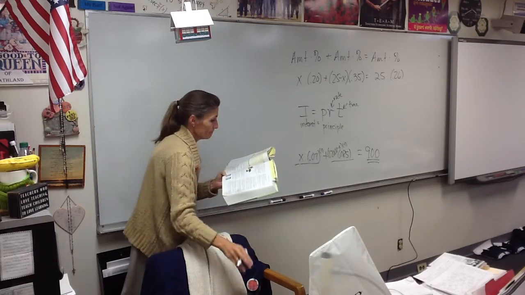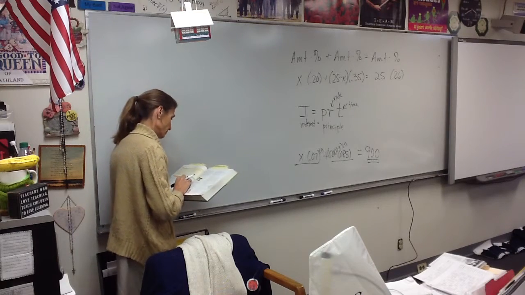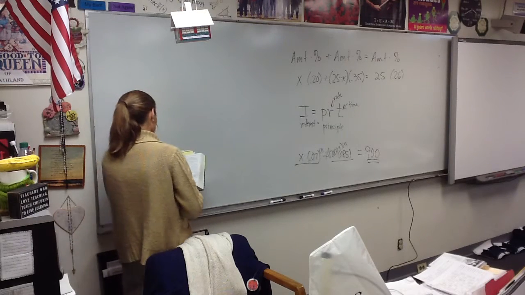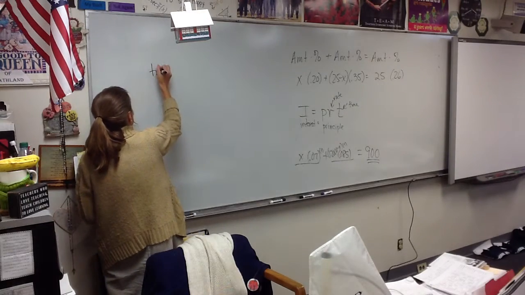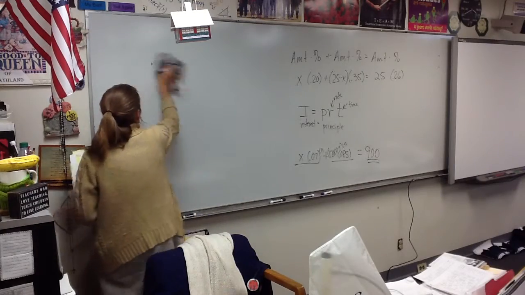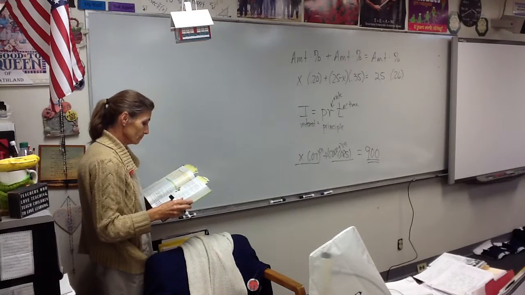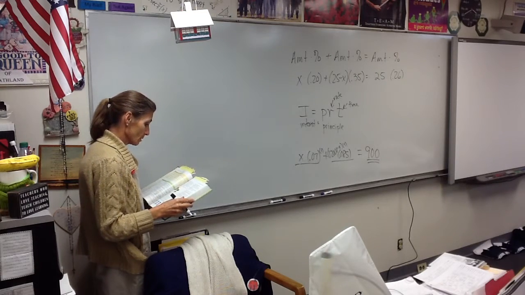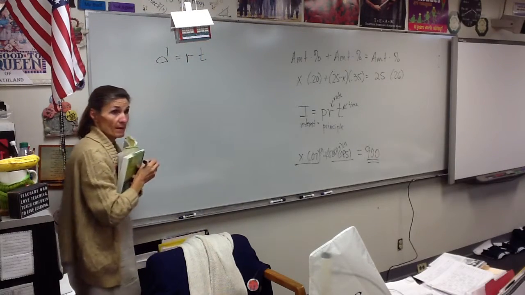What do you think? $560 for your final thing. Okay, so tell me what your, you said everything equal to 560? What would it be? Rate times time. This is gonna be a rate times time problem, I bet.